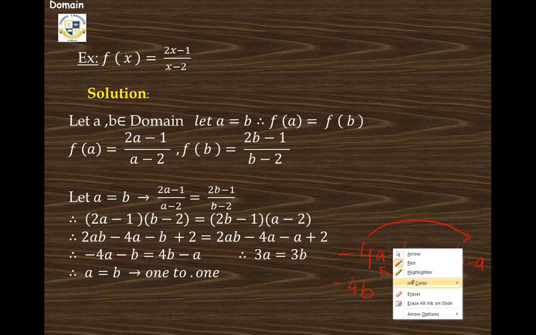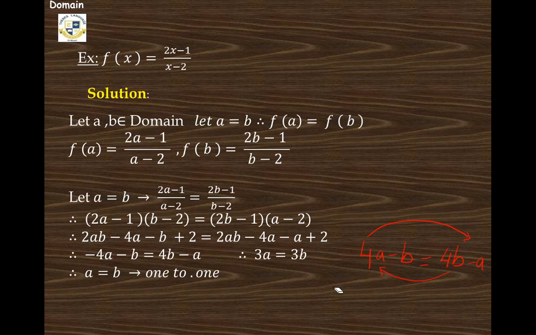Again, I'll erase this step. 2ab minus 4a minus b, and negative 1 times negative 2 equals positive 2. 2ab minus 4b, it's 4b minus a, this is 4b minus a, and the plus 2.